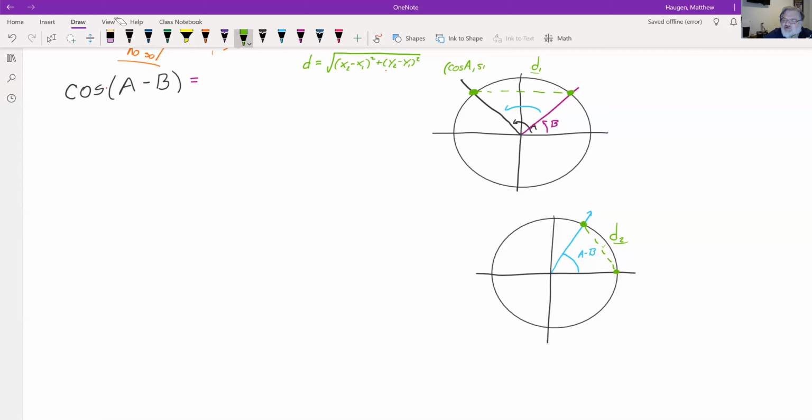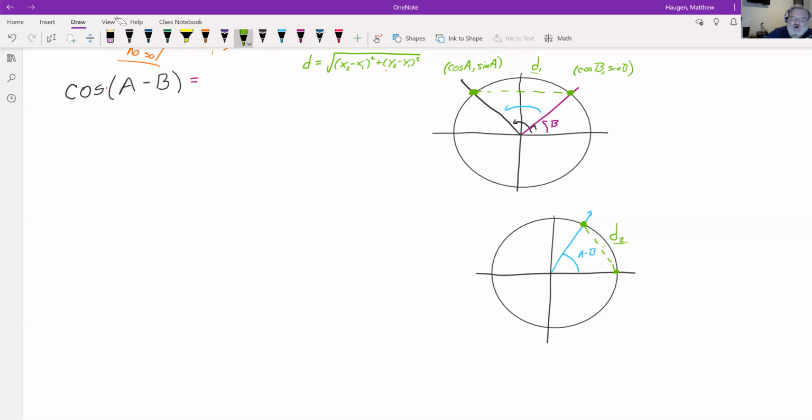The y value is the sine of A. If we know the angle A, we know those trig values. This other point, the point on angle B, its x value is going to be the cosine of B. Its y value is going to be the sine of B. Again, if we know the angles A and B, we can find those points.